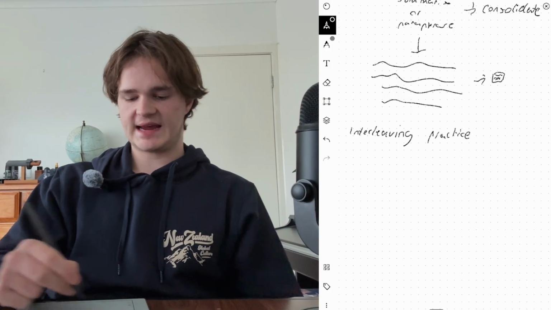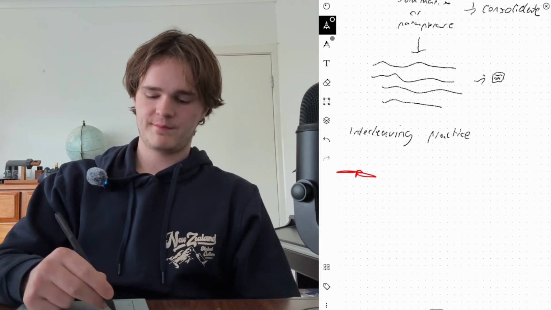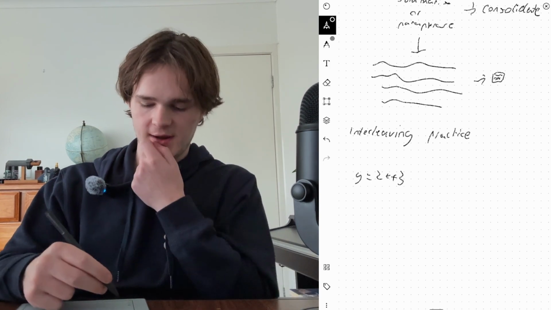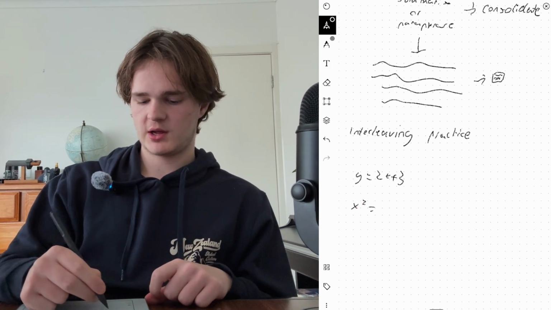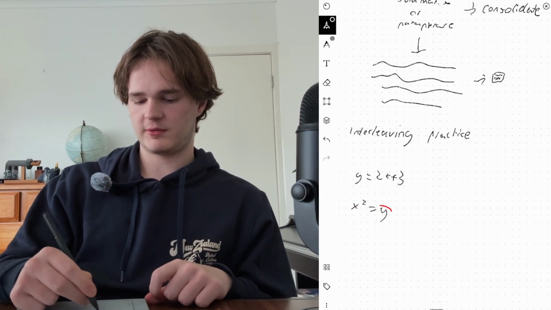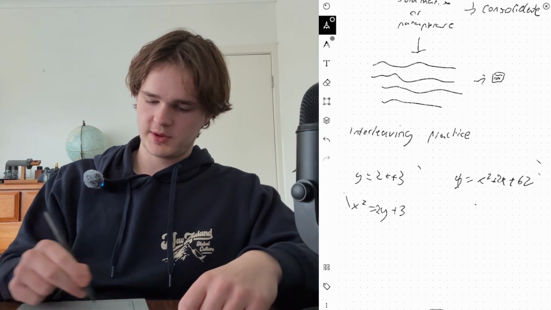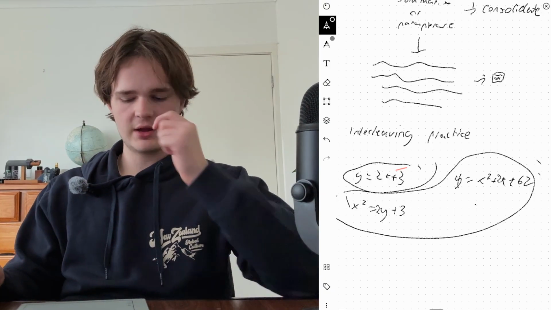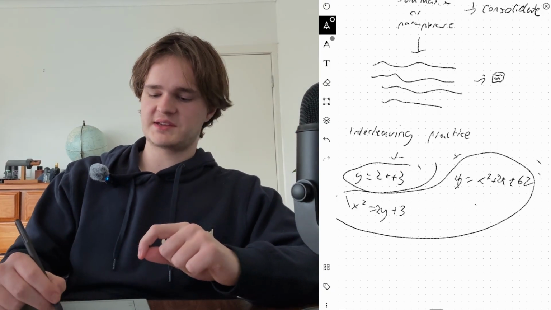So when you're doing tests, let's say you're doing math, you've got a couple of questions like this, y equals 2x plus 3. Maybe you've got a quadratic formula that you have to rearrange or something, right? So you could probably group these together and then group this one together. Why is that? This is linear, and then this has an x squared.